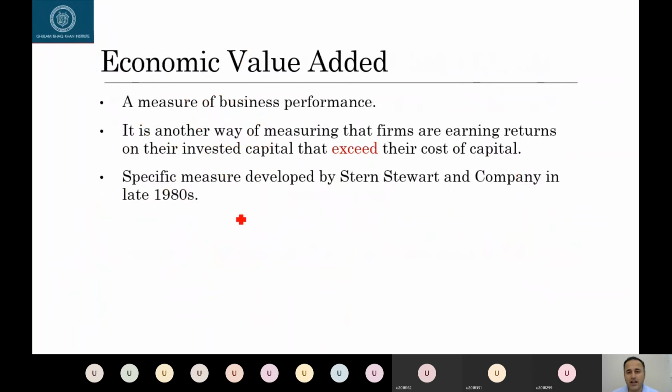Okay, today's last topic, economic value added. This is a very, very important topic. It's a measure of business performance. So there are two: one is called accounting value, and the other one is economic value.